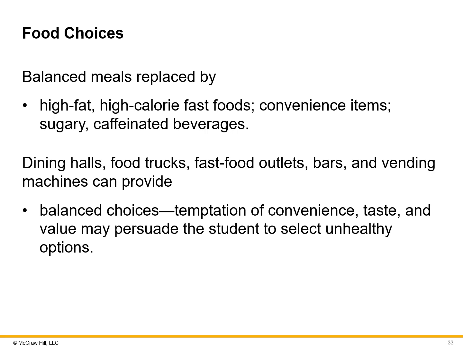The food choices: balanced meals typically get replaced by high fat, high calorie foods, convenience items, and caffeinated beverages to stay awake, because students just don't have access to healthier foods. Think dining halls, food trucks or fast food outlets, bars or vending machines. Again, that's thinking about those balanced options. The temptation of convenience and taste typically leads to unhealthy choices.